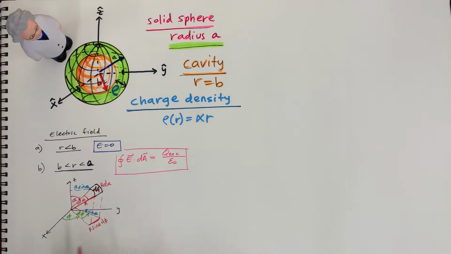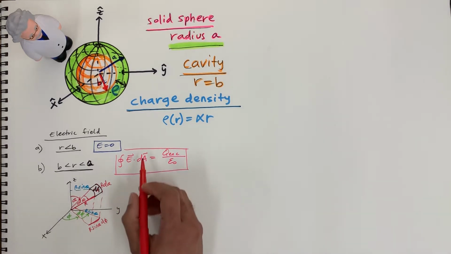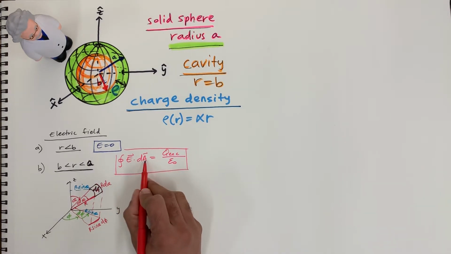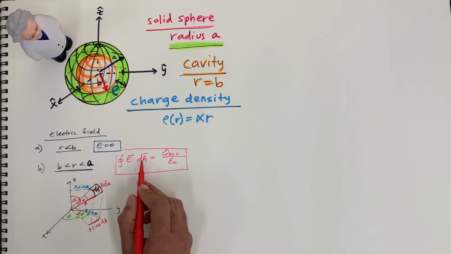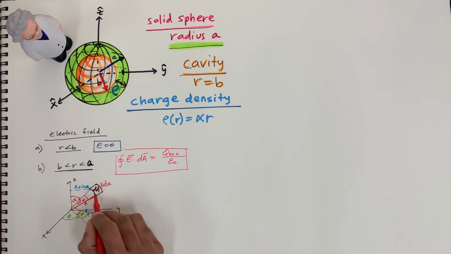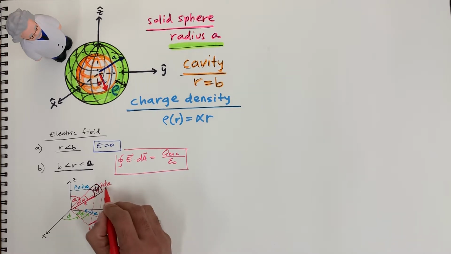Okay, so I know I went fast through that part, but I have a whole video deriving this. And so I just did that to show the differential area on the left side, right? Because we want to know how much electric field goes through this surface.